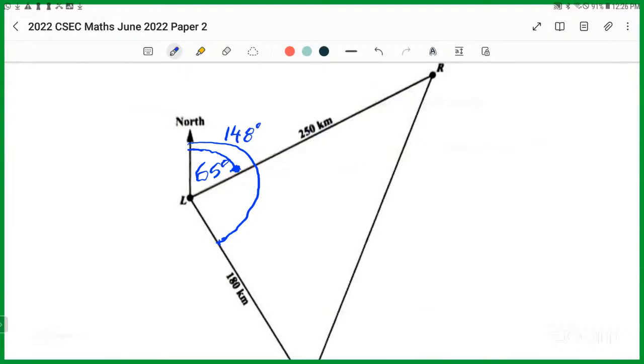Let's use a different color for that one, so we can differentiate. The blue one is 65. This one is 148 degrees. Because you know those two angles, you can work out this piece in here. Everything down here is 148 and the angle up here is 65, so in between is the difference.